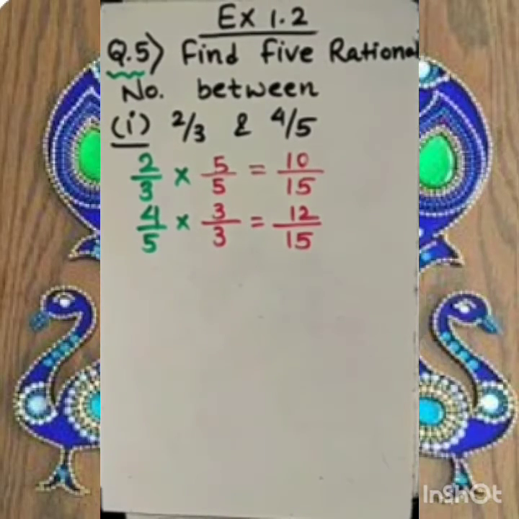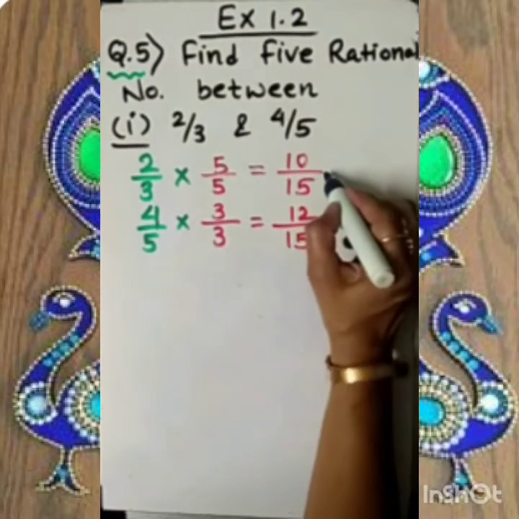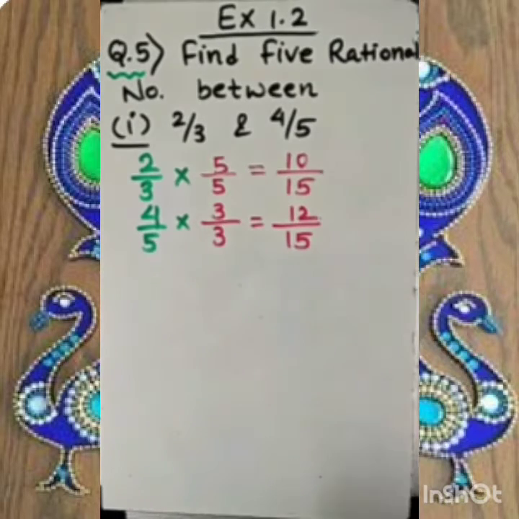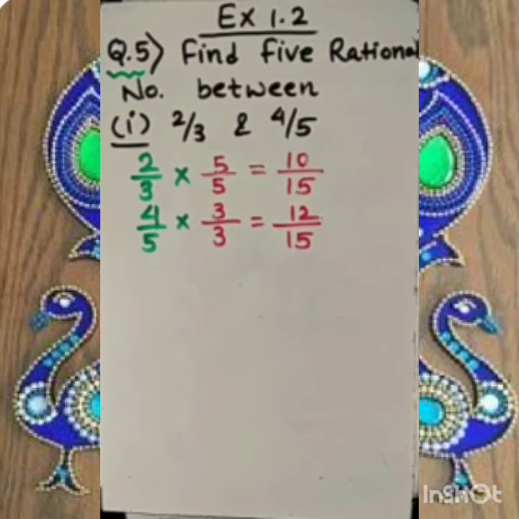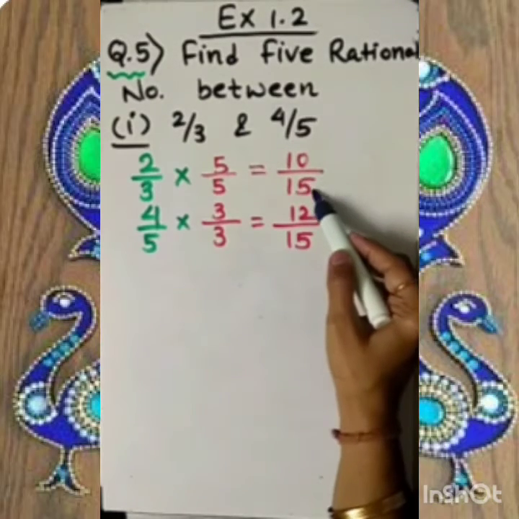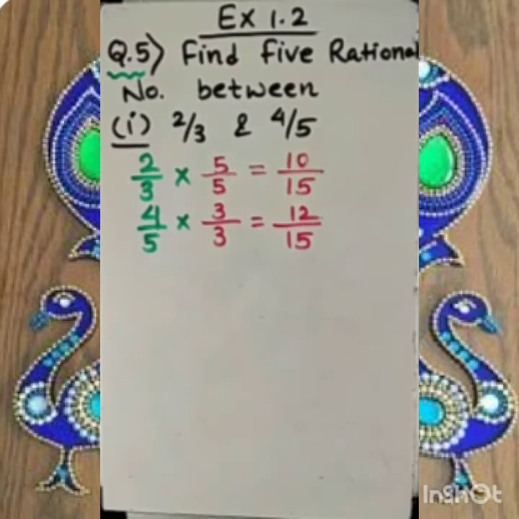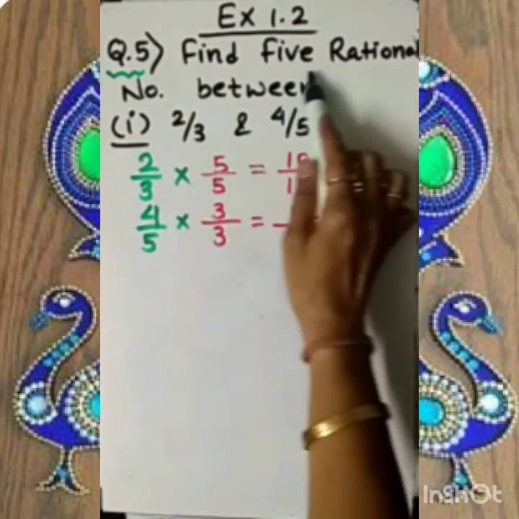So finally on your screen you can see the two numbers which we are getting. They are 10 by 15 and 12 by 15. You can see here they are like fractions because the denominator 15 is the same. But we need to mention 5 rational numbers.